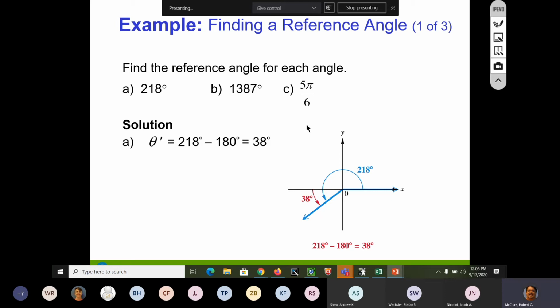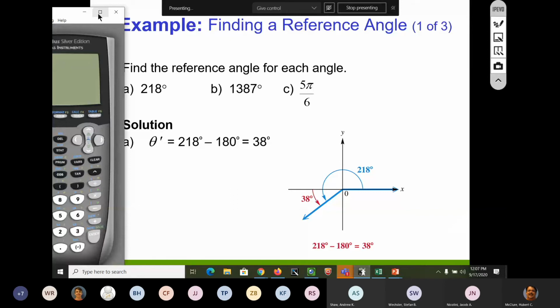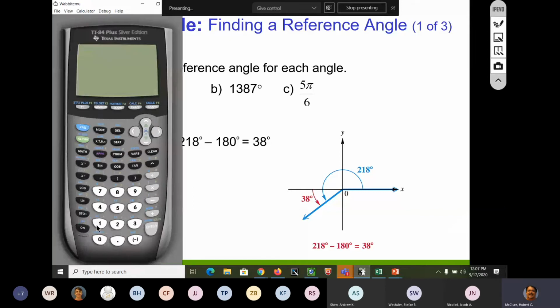Now, 1387. We talked about this in the first unit or the first couple of sections. 1387 is going around and around and around. First of all, I'm going to divide 1387 by 360.